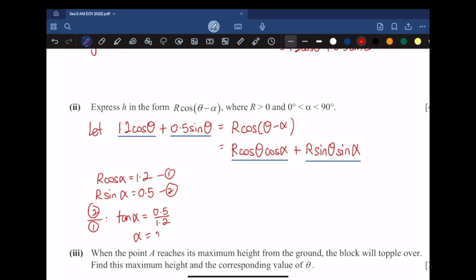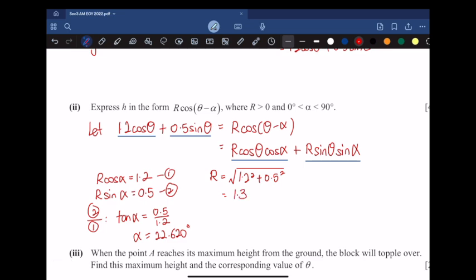Then from here, I can now get my alpha, which is simply tangent inverse of 0.5 over 1.2, which will give me 22.620 in degrees, to 5 significant figures. And r can be obtained using the square root of 1.2 squared plus 0.5 squared, which will give me 1.3.